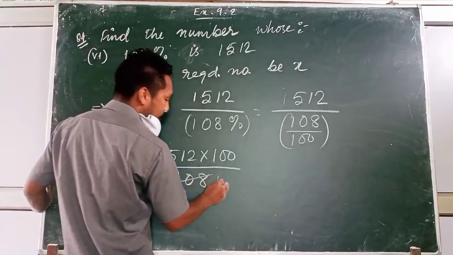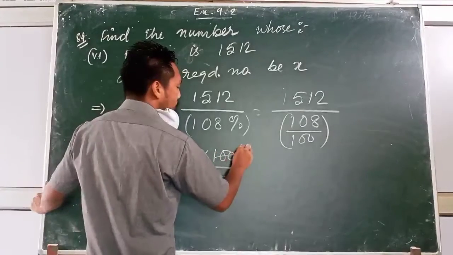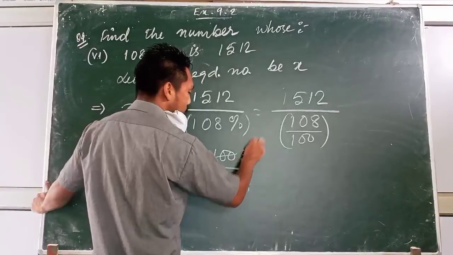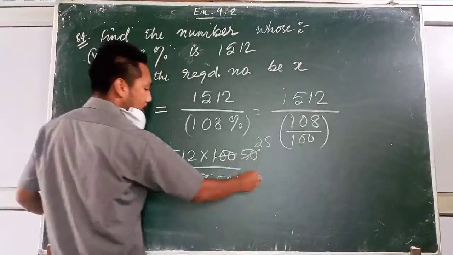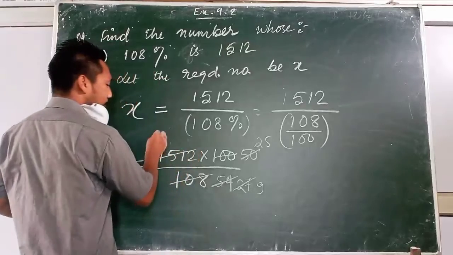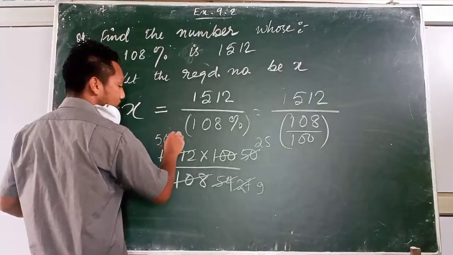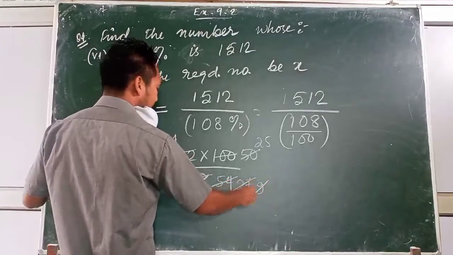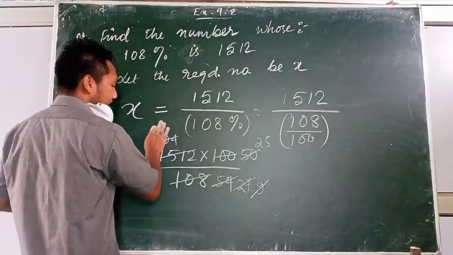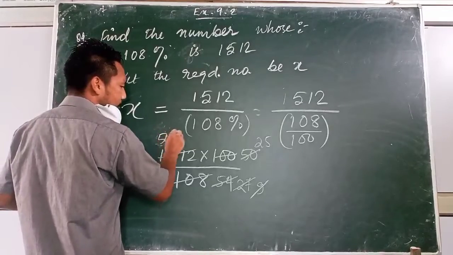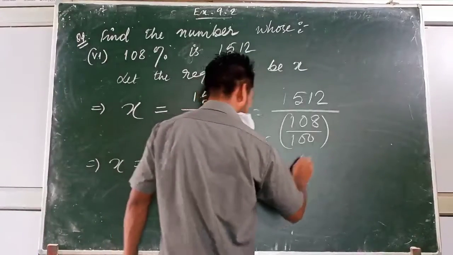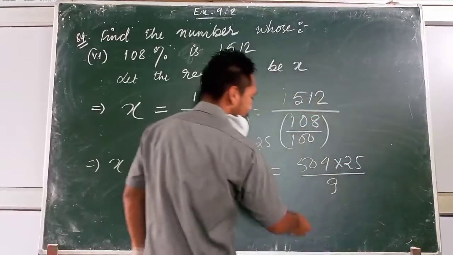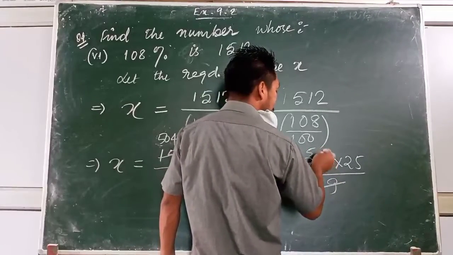Okay, 2 5s are 10, 2 4s are 8, 2 50s are 100, 2 2s are 4, 2 7s are 14, 2 25s are 50. Now 3 9s are 27, 3 5s are 15, 3 4s are 12, 9 5s are 45. We have a remainder here, what is it, 1504. So our answer is 504 into 25 divided by again 9, so 9 5s are 45, 9 6s are 54.